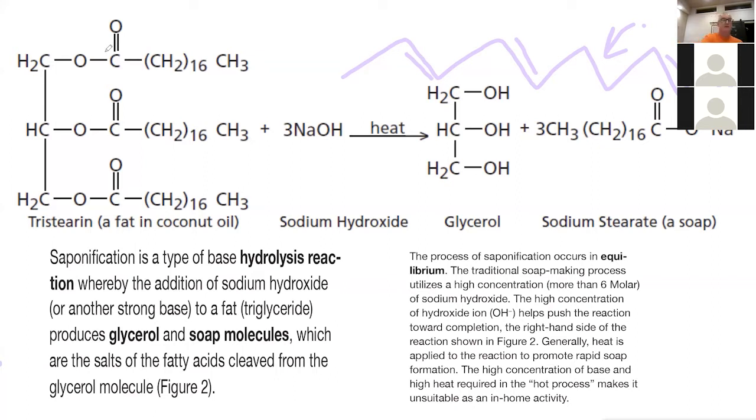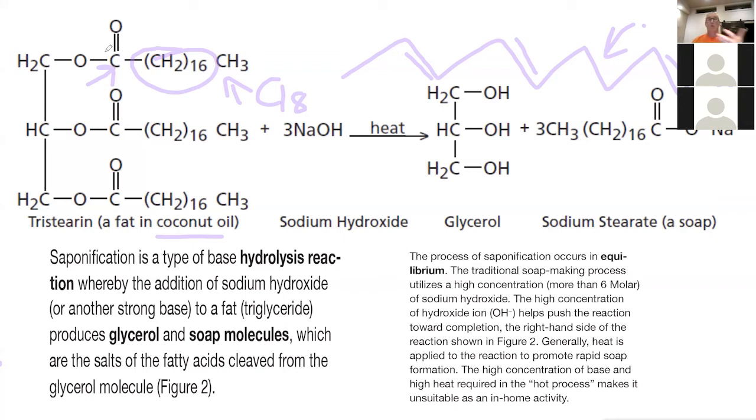So in this instance, we have coconut oil, and each one of the fatty acids has 18 carbons: 16 methylene groups, the carbon that goes on the carboxylic acid, and then a methyl group at the end. So they're all C18.